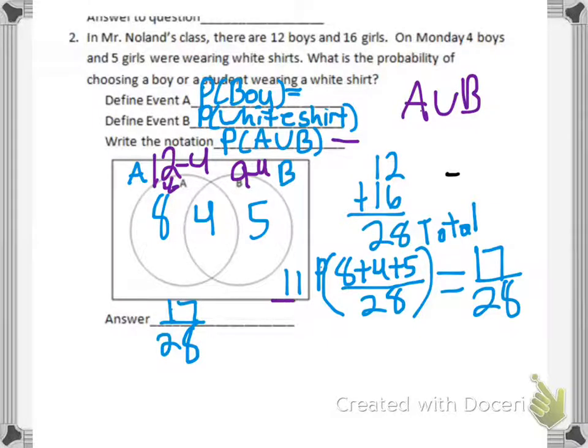And then we have 11 left because we have 11 girls that are not wearing white t-shirts, and so 11 of those are in our universal set. So we know we have a total of 28 because 12 boys plus 16 girls is 28. We add these together: 8 plus 4 plus 5 gives me 17 over 28.